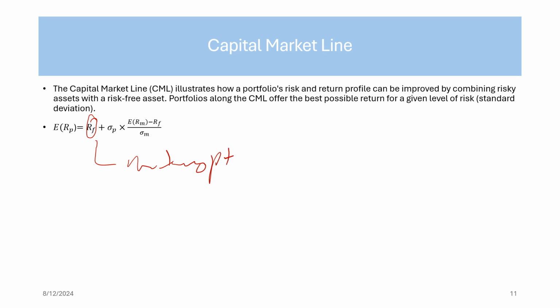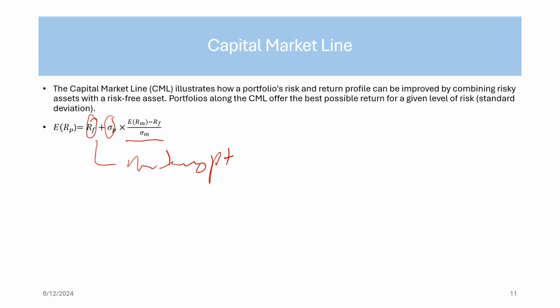The intercept meaning that, as you can see, it will always be the risk-free rate, plus the sigma, which is the risk of the portfolio itself, but apportioned in terms of the expected return from the market by the sigma of the market portfolio.